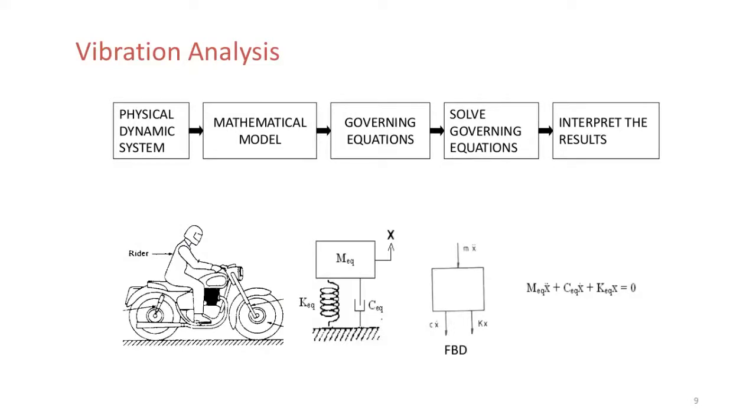Now, how do we model? One of the important things we need to do is to model our systems. The way we do it, we take a physical dynamic system, and then we develop a conceptual model for it.